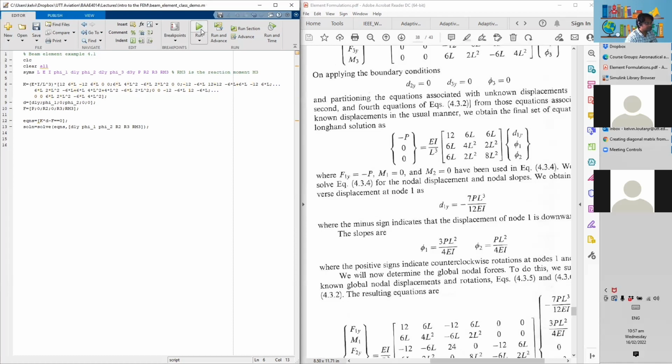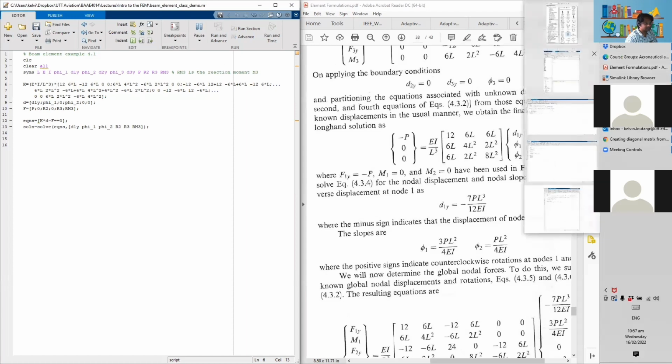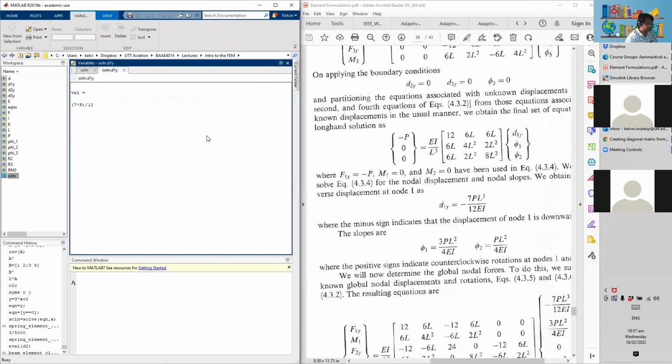So we could run this again. You can see it changes. So 7 PL cubed over 12 EI. That's what I get here.